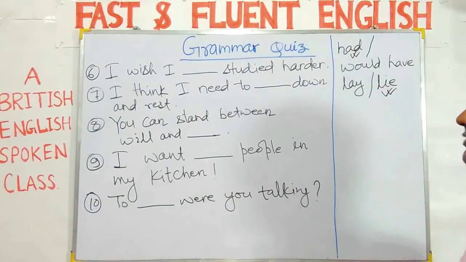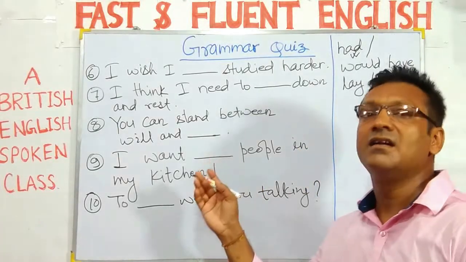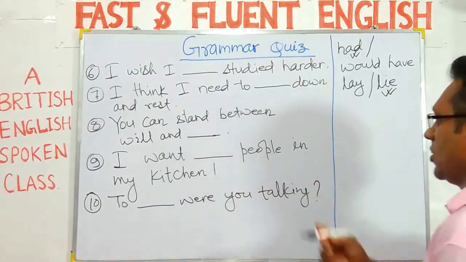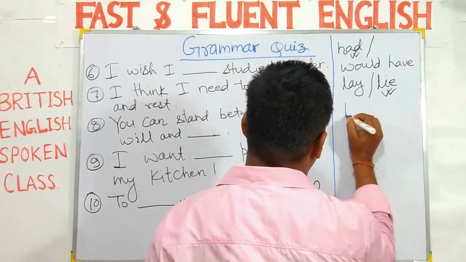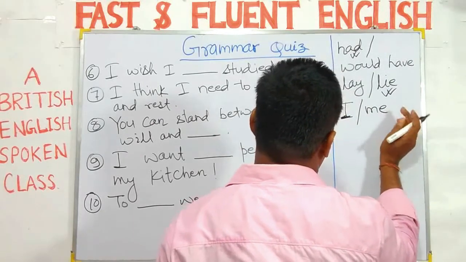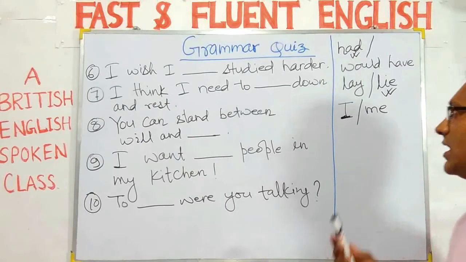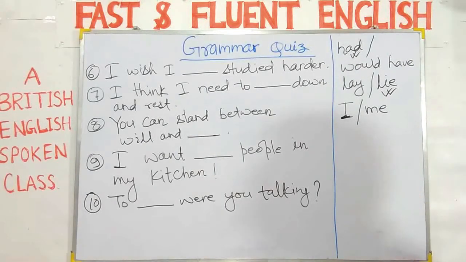Now the next one is you can stand between will and dash. And the options are I or me. क्या होगा करेक्ट आंसर? I होगा या फिर me होगा?